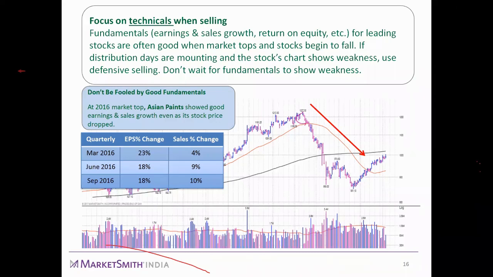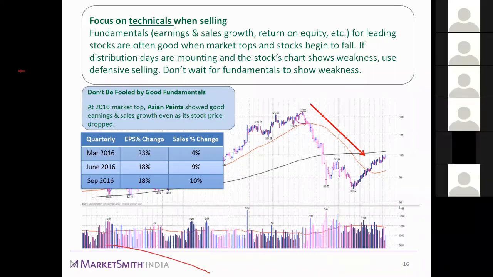So when you see that the distribution day count in Nifty is increasing, and the stock you are holding has also started showing weakness, that means you should be coming out of that particular stock based on other sell signals.